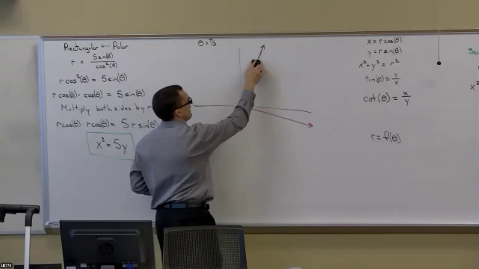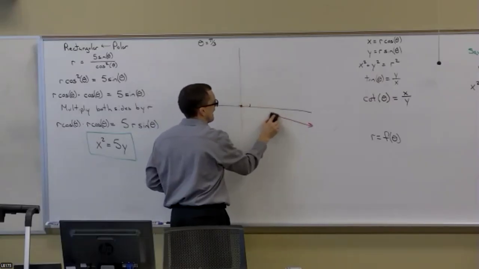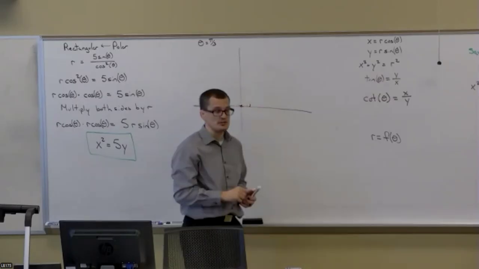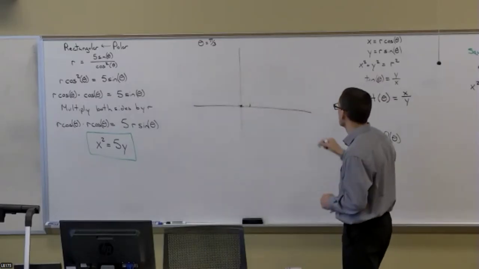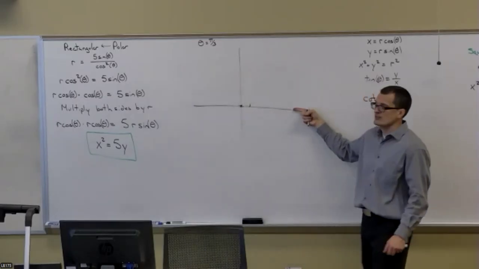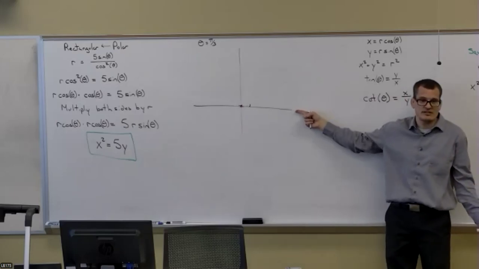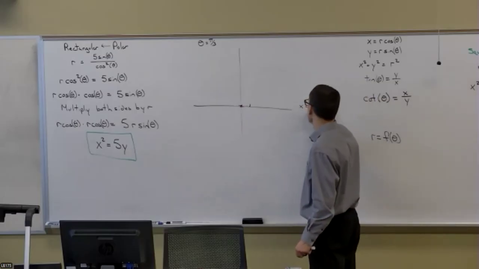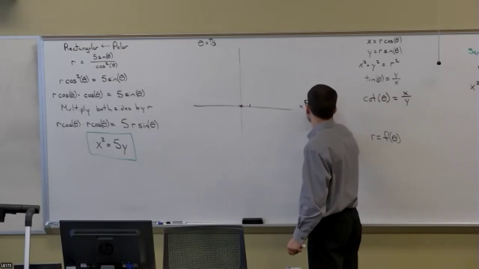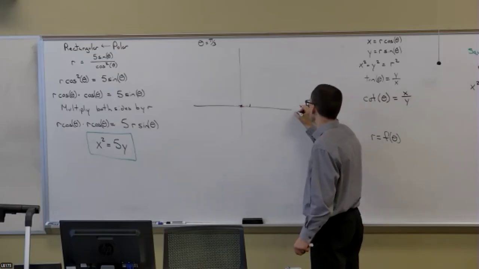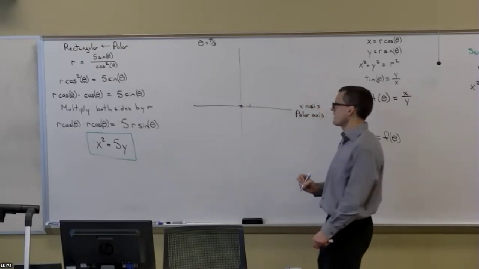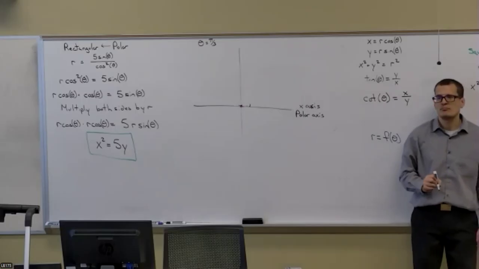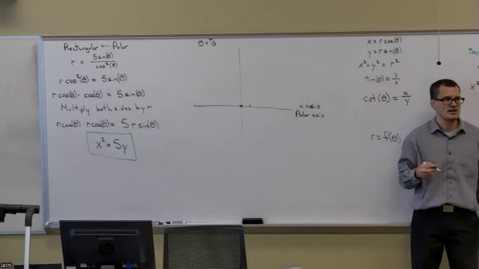One note about graphing and the language that we can use. What's this axis called? In rectangular coordinates, it's called the x-axis. In polar coordinates, it's often called the polar axis, because that's where you start with angle 0.